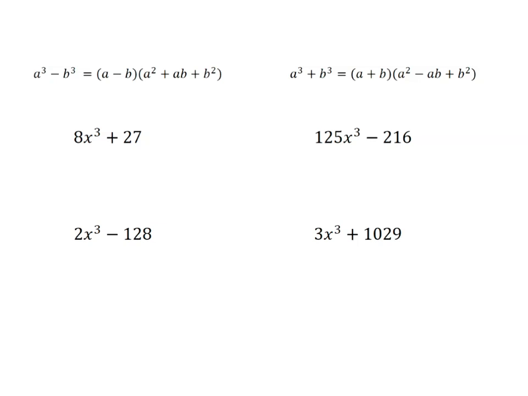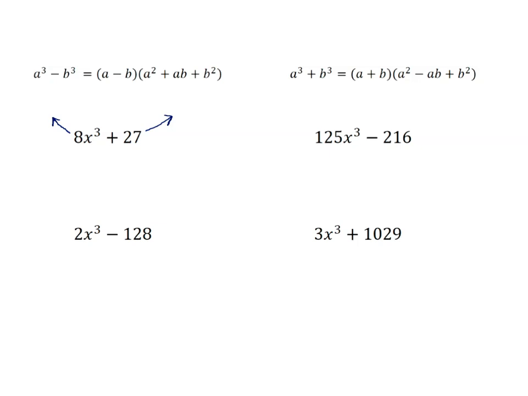So the first one is x cubed plus 27. All right, so I need to find, and I'll write it above just so that I don't run out of room, I need to find the cube root of this term and the cube root of this term. So the cube root of 8x cubed, remember I'm thinking of some number times itself times itself.